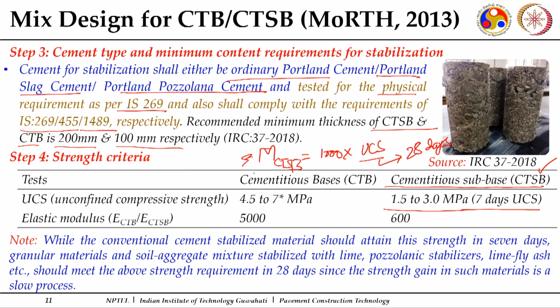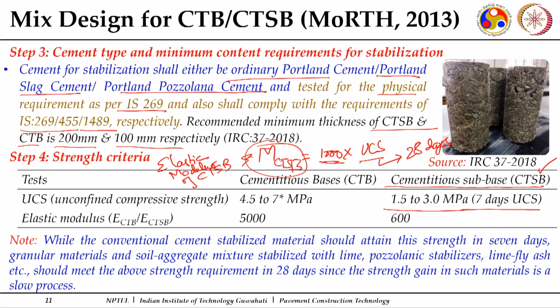This is the elastic modulus of cement treated subbase, as per the expression given in IRC 37 2018. From the 28 day UCS you can get an idea about the elastic modulus of that material, and this elastic modulus will be used in the analysis and design of flexible pavements.